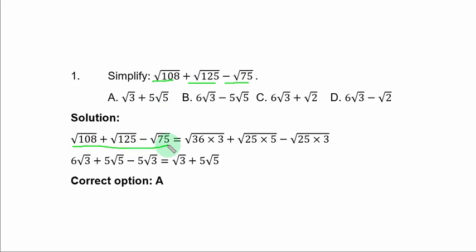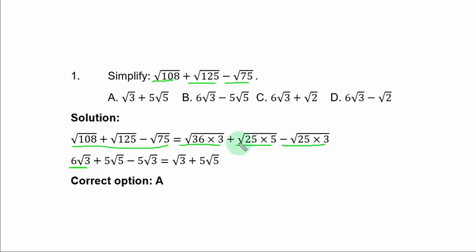In 108, you have 36 times 3 plus in 125, you have 25 times 5 minus in 75, you have 25 times 3. Root of 36 is 6, so you have 6 root 3.